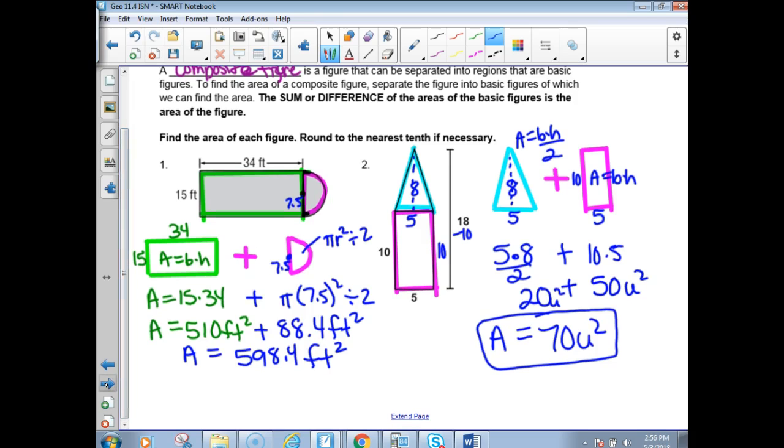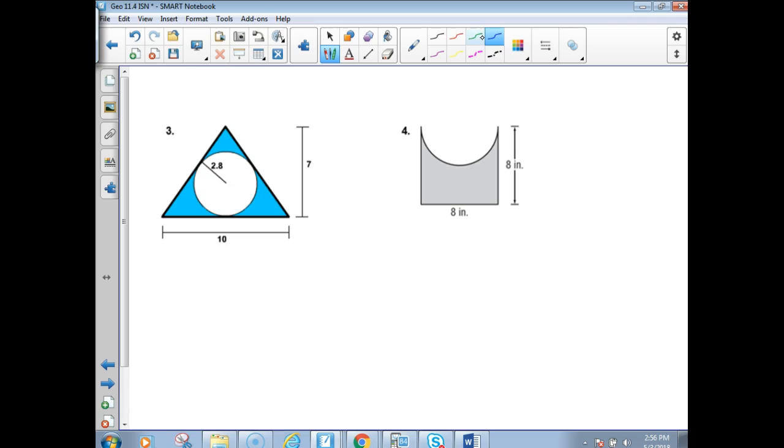Okay, now let's go to 3. This has got a hole in it. So, yep, we're going to need to subtract. Maybe you've had pencil grips before. Ever seen a triangular pencil grip? This would be like looking down at the top, except it'd be a little thicker over here.